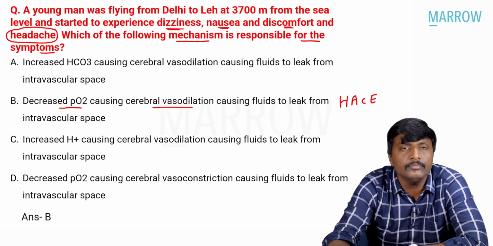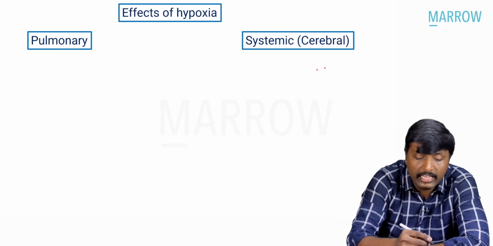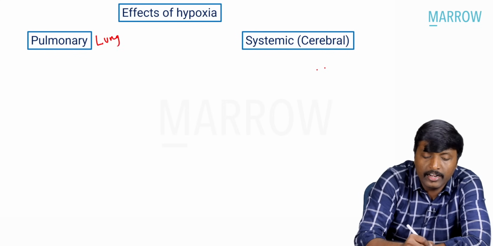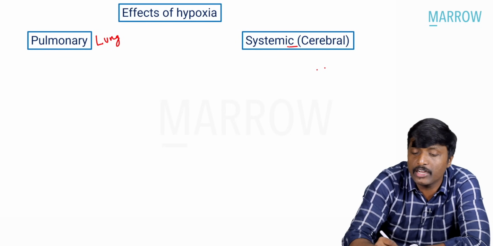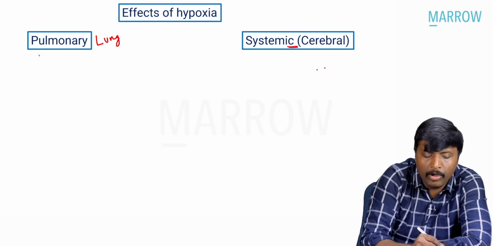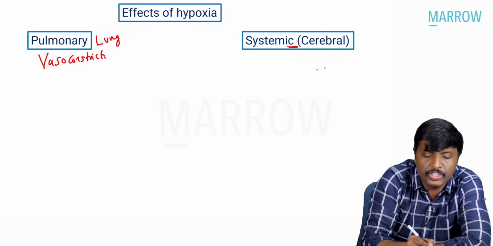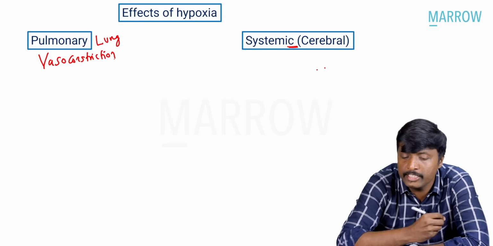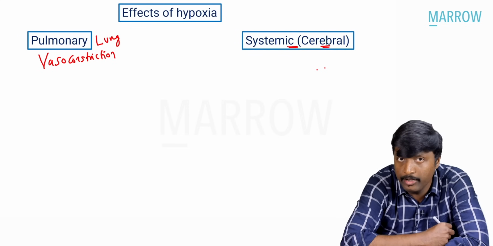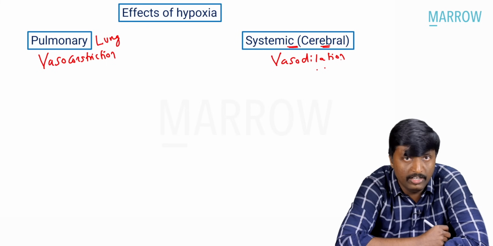Yes, sir. Now, very simple, guys. Effects of hypoxia in the lung are different from those in systemic circulation. The lung responds to hypoxia by vasoconstriction. Systemic circulation, like the brain, responds by vasodilation. So the effects of hypoxia are different.